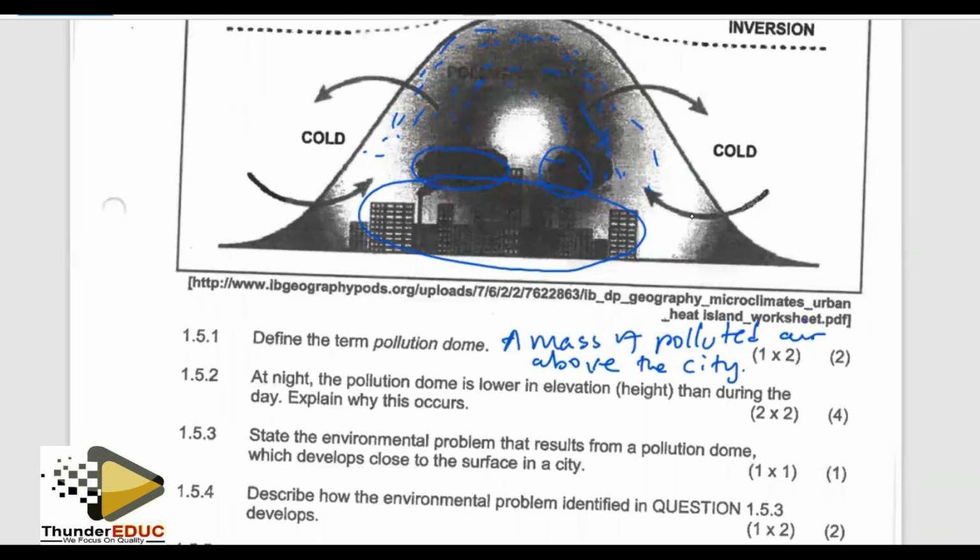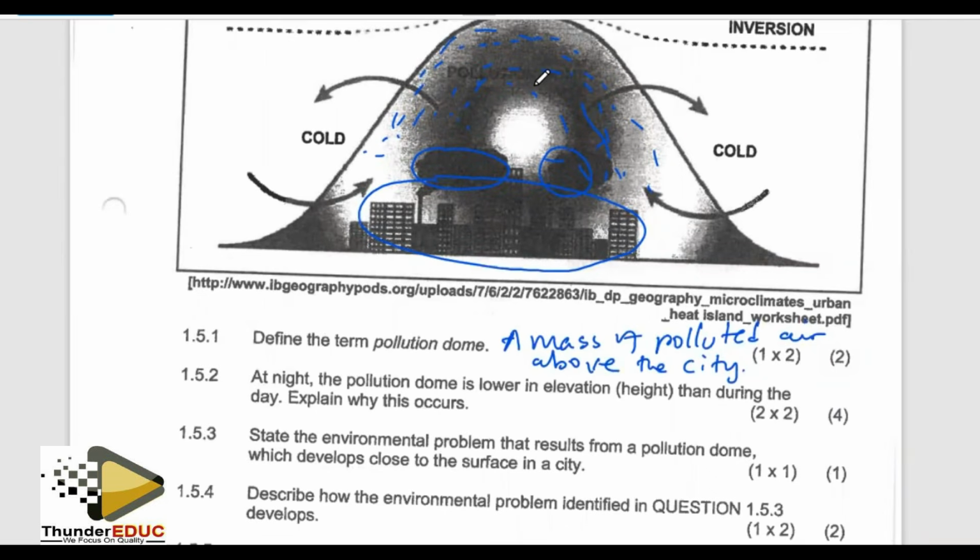1.5.2, they say at night, the pollution dome is lower in elevation than during the day. Explain why this occurs. So explain why this occurs. Okay.